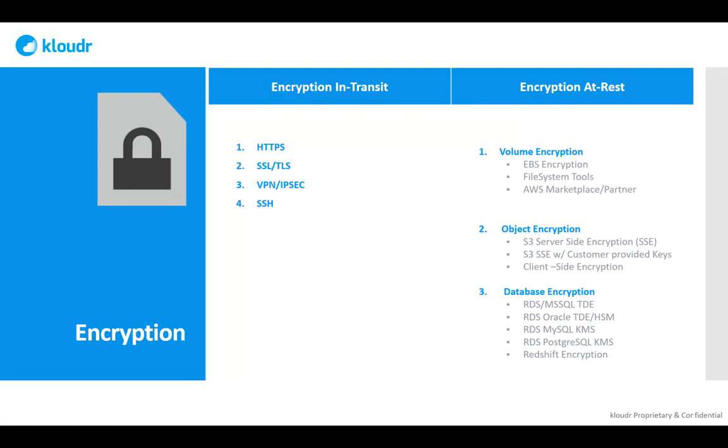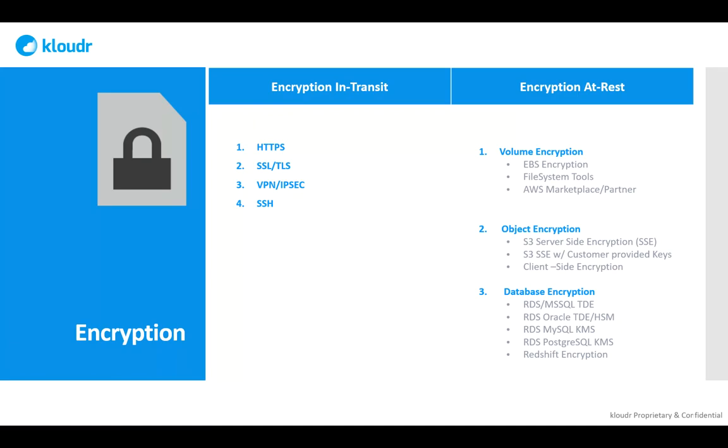We have three or more types of encryption at rest. Let's start with the volume encryption. For the volumes attached to your EC2 instances, there are many types of encryption you can use. First of all, you can use the default encryption of the volume by just ticking a simple checkbox whenever you create the volume.